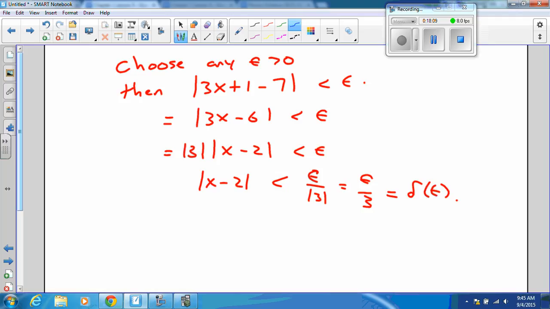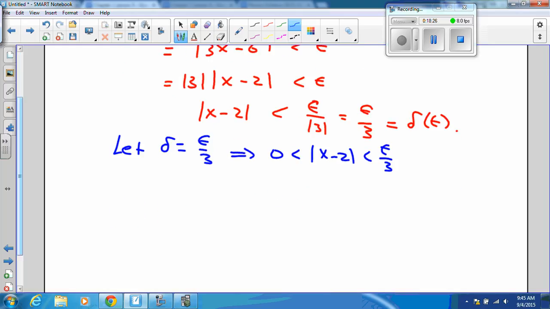And so we have found our delta as a function of epsilon. To get to the proof part of it now, we reverse all these steps. We say let delta equal epsilon over 3.